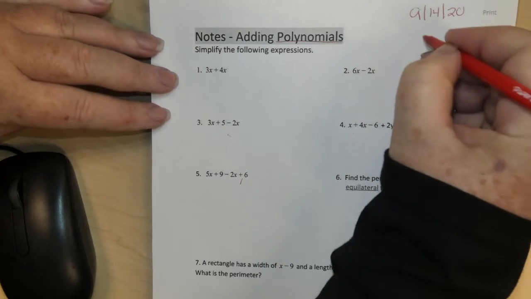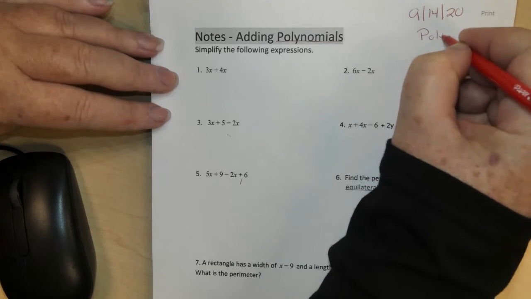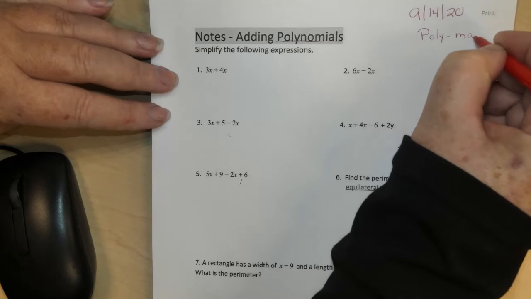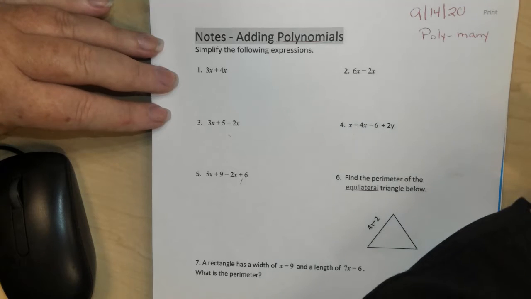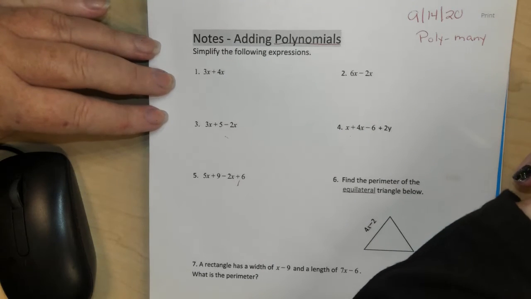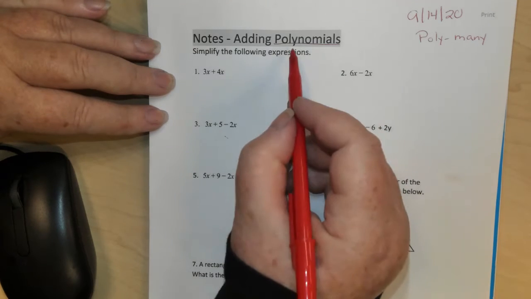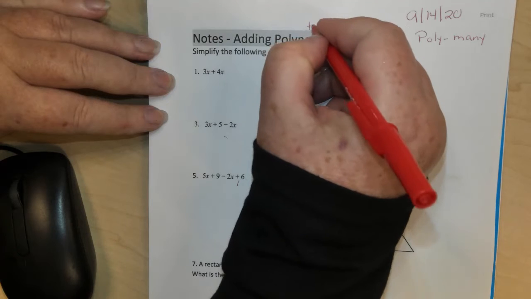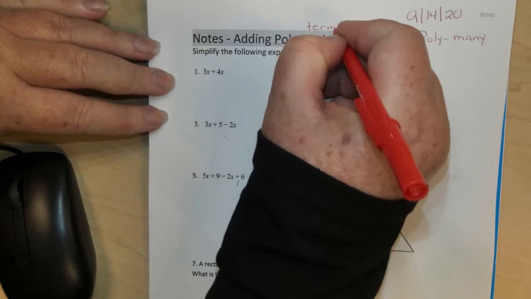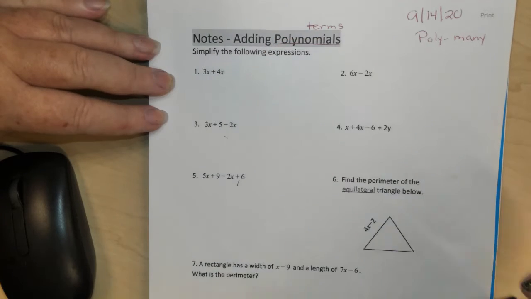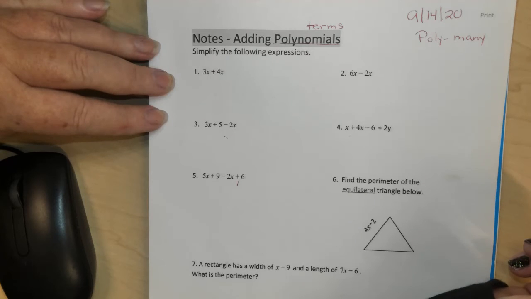Poly means many. Nomial will be terms. Many terms. Each one of these has many terms.